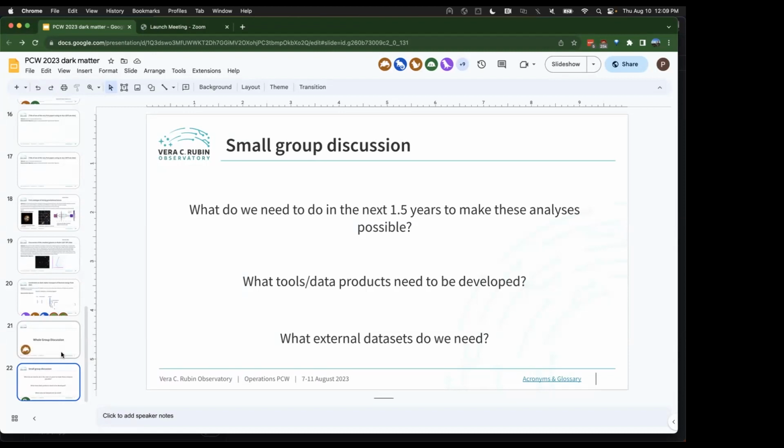I have some suggestions for discussion topics. This is more on the organizational side. One question is how do we advertise to the public how Rubin can help with dark matter science, what's the tagline? Because a lot of the dark matter constraints come from a convolved set of steps, and the path from the observation to the constraint is pretty complicated.